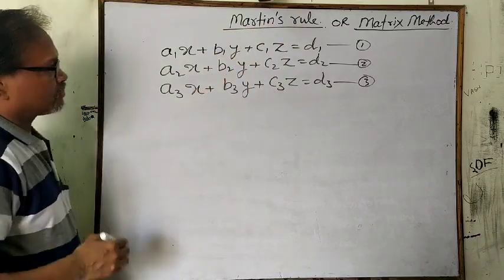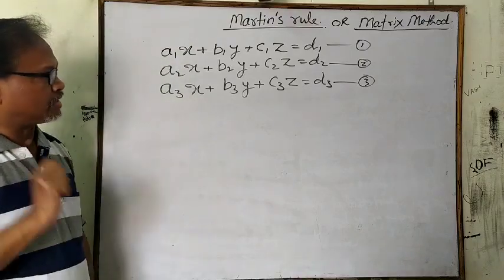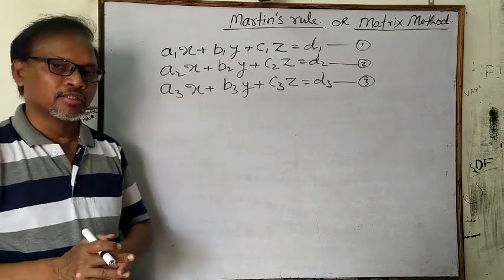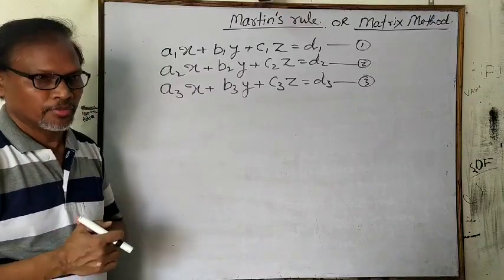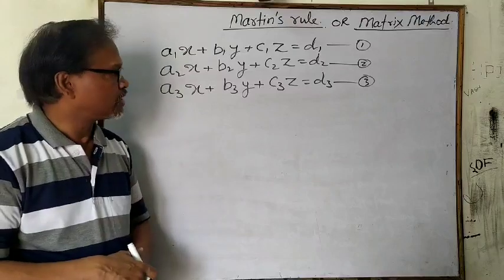In this case, there are types of solutions for x, y and z. Maybe the unique solution, or maybe the finite solution. The third type is known as no solution.